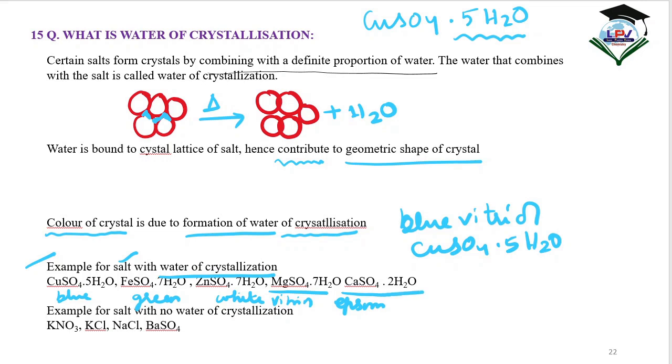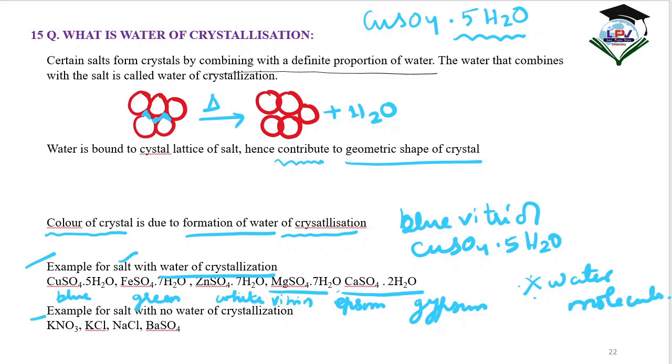Calcium sulfate 2H2O is gypsum. If these two water molecules are removed, then its property changes. Hence, you have to understand the importance of the water molecules. Water molecules play a very important role.